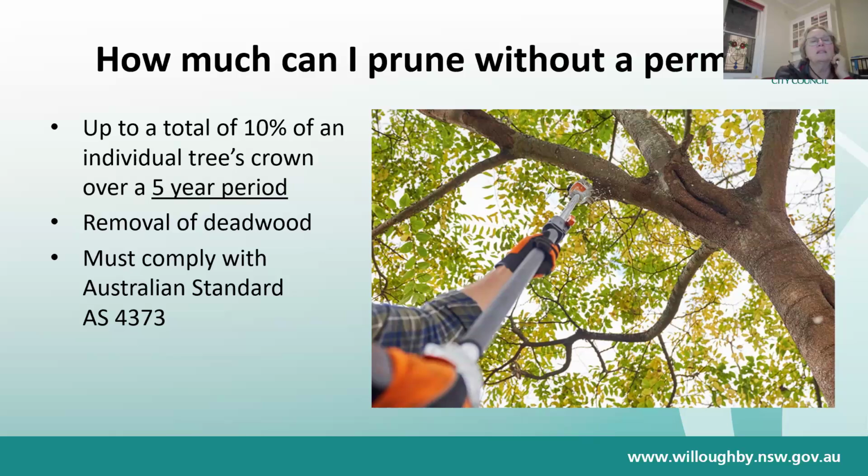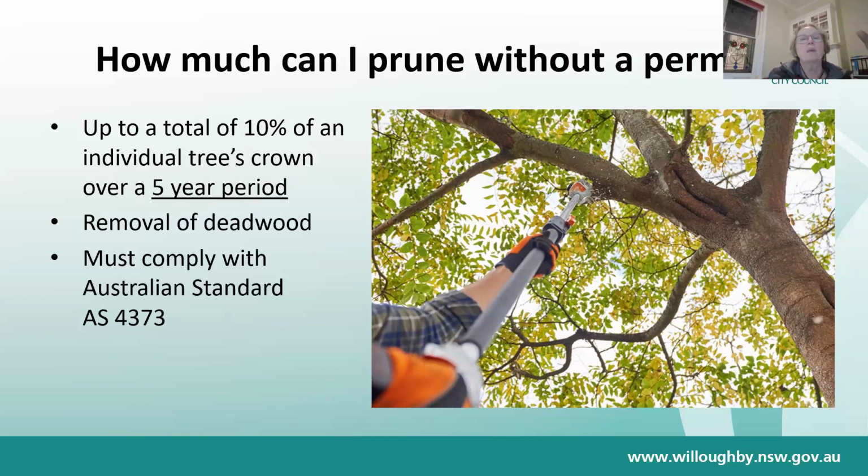What I'd also like to say at this point in time is, before you prune any tree, identify why you want to prune the tree. If your answer is because it's a tree, it needs pruning, it's not good enough. You need to undertake the pruning because of a legitimate reason.